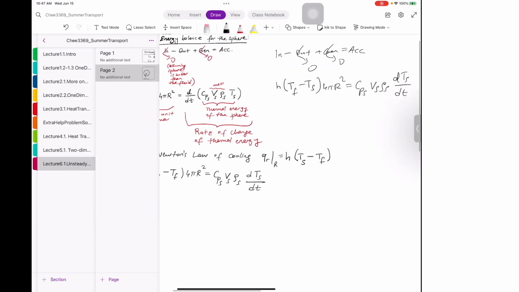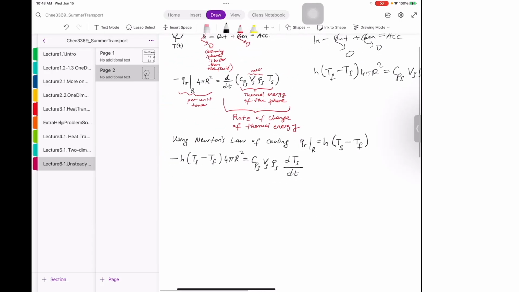Okay, in that case, you will get this one. And basically, it's the same thing as this. So it doesn't matter, you would get the same formula. So that's my point.